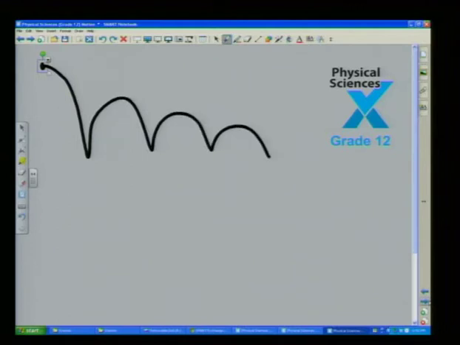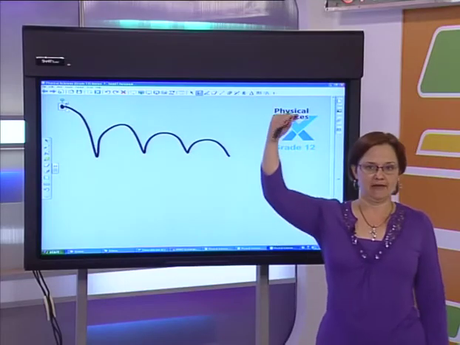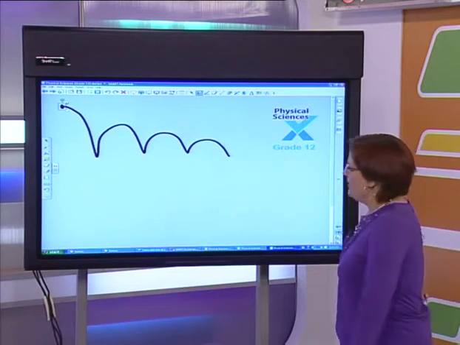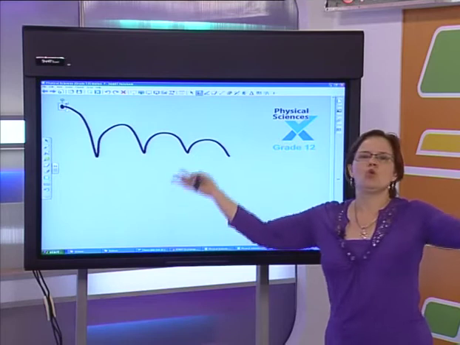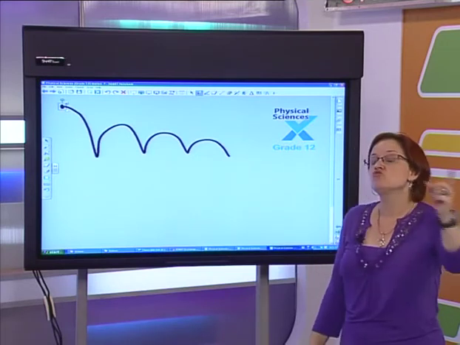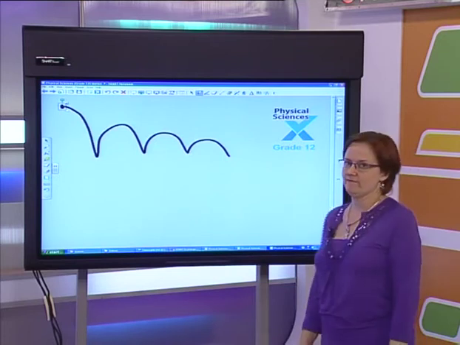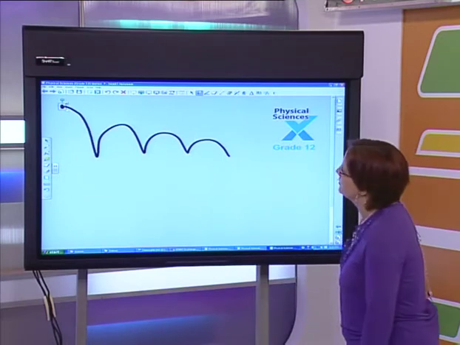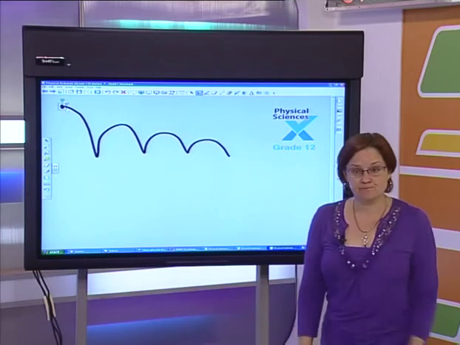What makes this difficult is that in reality, the balls don't go back to their original height. And then they say to you, draw the displacement graph and draw the velocity time graph, and then the wheels fall off the bus because we think, I can't do this, but you can.